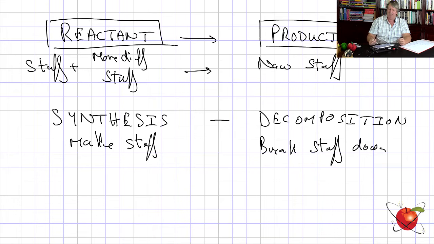What happens when leaves decompose? You put them in a hole with a bit of lime on it, that's slaked lime, and eventually it turns into compost, doesn't it? Fertilizer. Because it breaks down, it decomposes into its different parts. Synthesis is we make stuff. You've heard of a synthetic diamond. It's fabricated, it's made. Synthetic, it's produced. So we make stuff and we break stuff down.